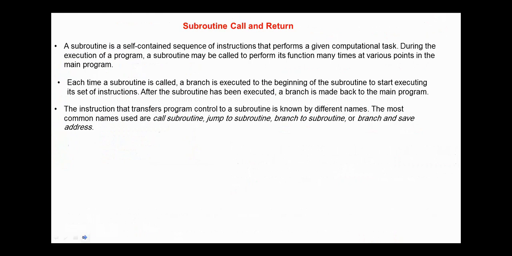Next, subroutine call and return. A subroutine is a self-contained sequence of instructions that performs a given computational task. During the execution of the program, a subroutine may be called to perform its function many times at various points in the main program.